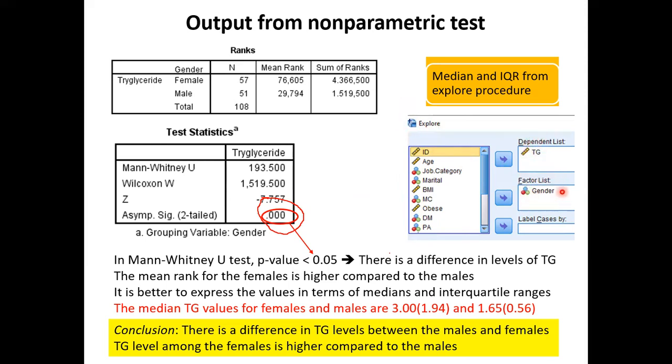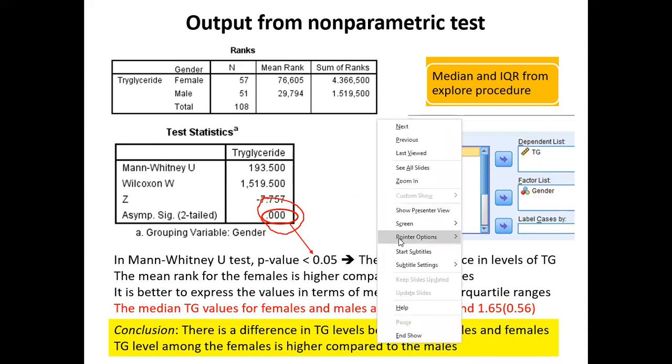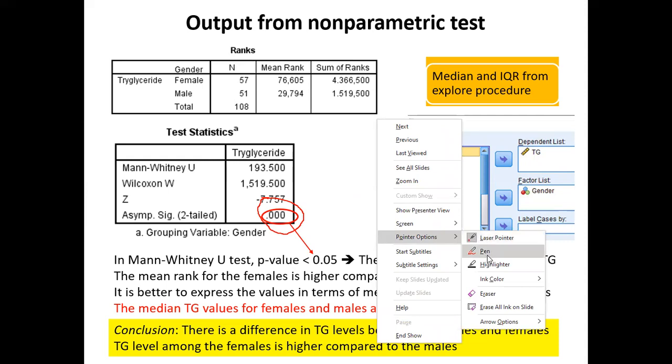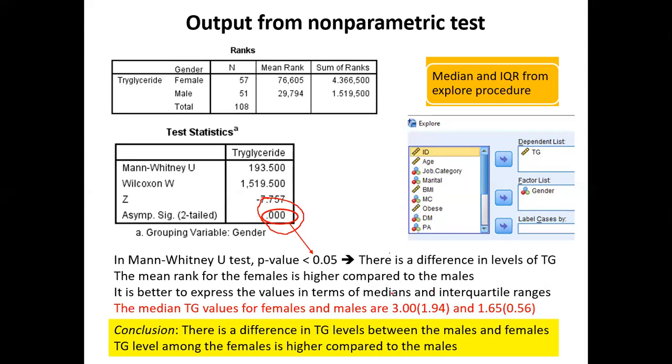So what's the value here? So what are the values here? So this will be diabetic and non-diabetic.